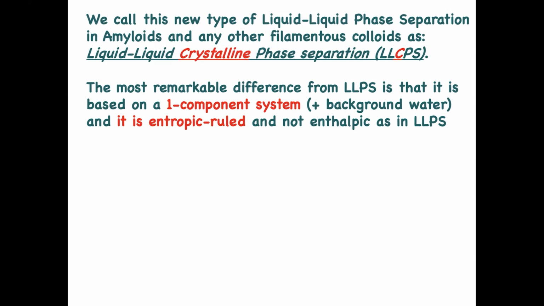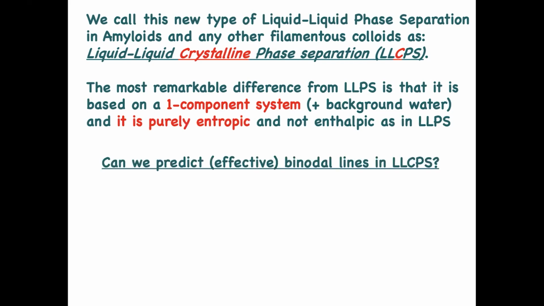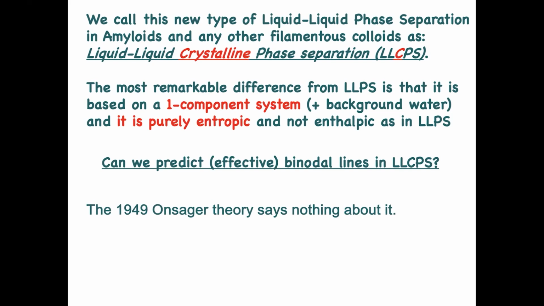Okay. And now the question is, since now we know that the phase separation mechanism can be predicted by Onsager lines. And if you look at the original paper of Onsager, it's fully thermodynamic. Onsager doesn't say anything about how to calculate the binodal. But Onsager is also the father of non-equilibrium thermodynamics.